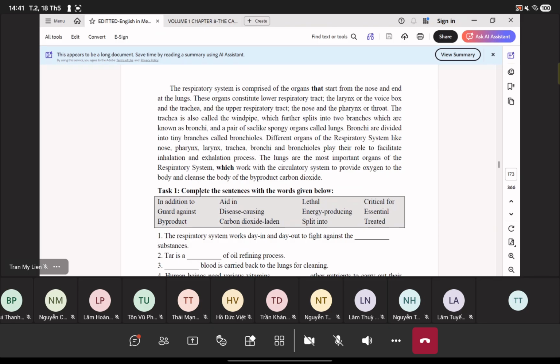Bronchi are divided into tiny branches called bronchioles. Different organs of the respiratory system like nose, pharynx, larynx, trachea. Bronchi and bronchioles play their role to facilitate inhalation and exhalation process. The lungs are the most important organs of the respiratory system, which work with the circulatory system to provide oxygen to the body and cleanse the body of the byproduct carbon dioxide.